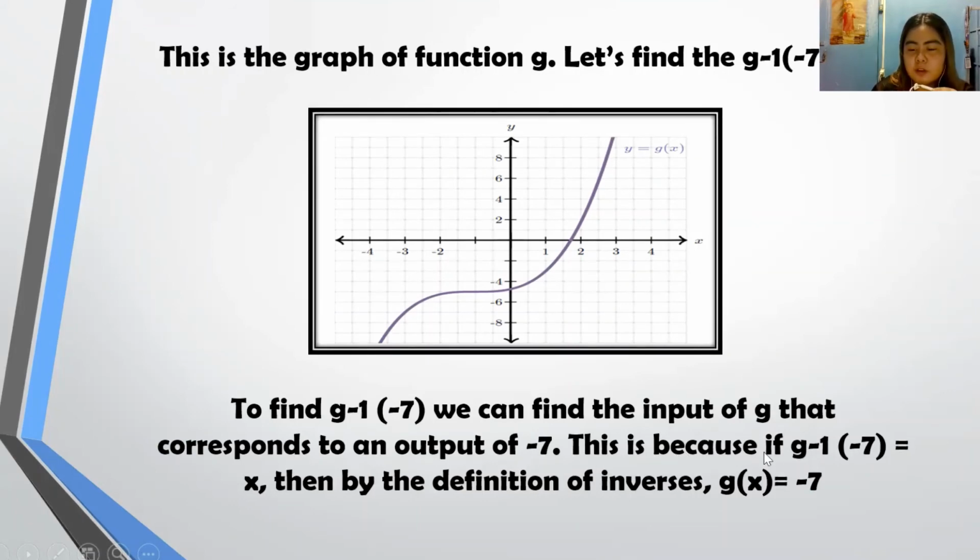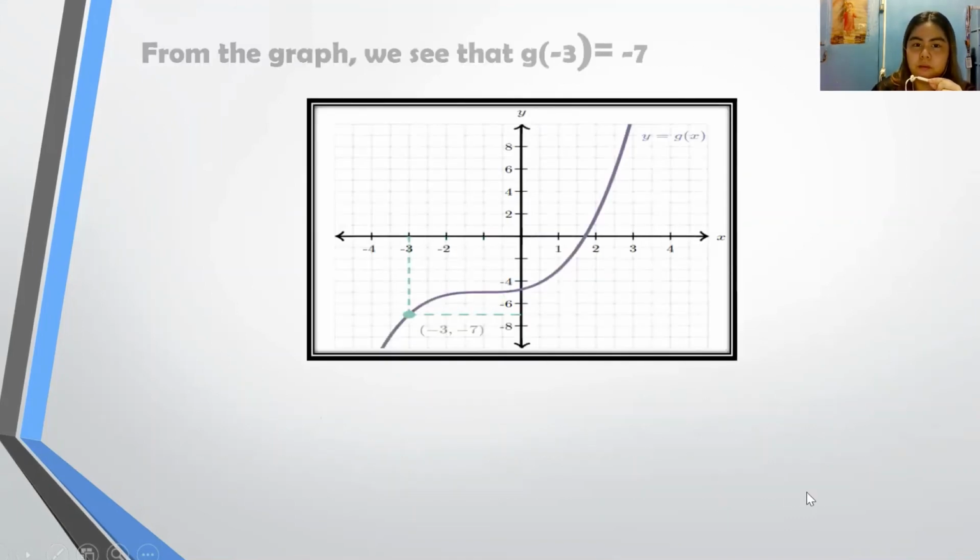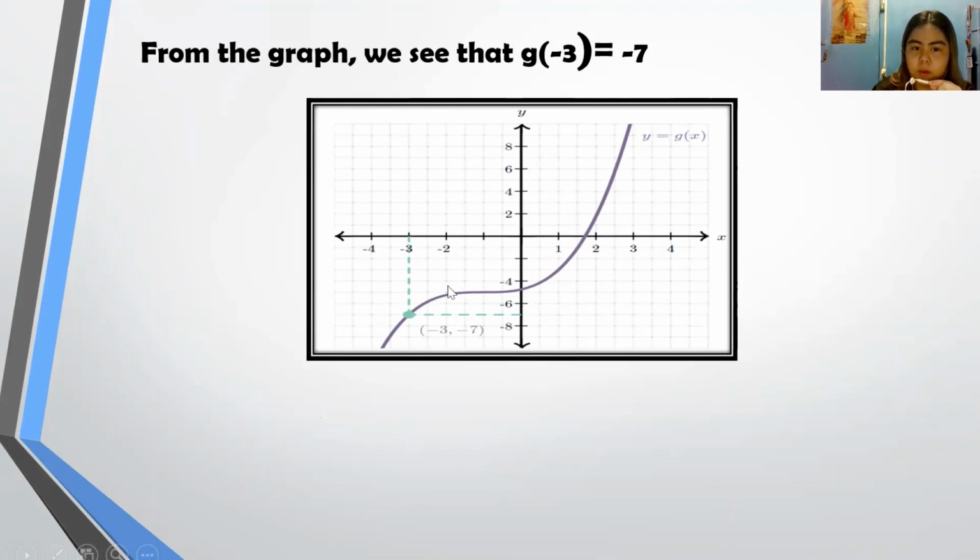This is because if g inverse of -7 equals x, then by the definition of inverses, g of x is equal to -7. From the graph, we see that g of -3 is equal to -7. Therefore, g inverse of -7 is equal to -3.